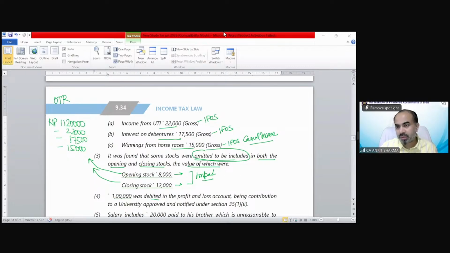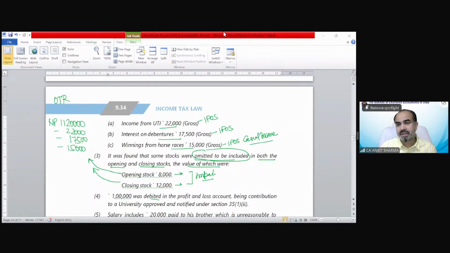That you need to tell me. Mohammed is saying 8,000 reducing and 12,000 add back. Well done. Harshada is saying will increase profit. Will both increase profit, Harshada, or only one of them? Closing stock add, opening stock deduct. Well done. Less opening, add closing. Okay, Soumya.